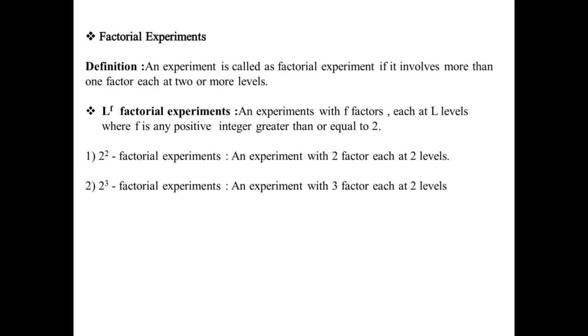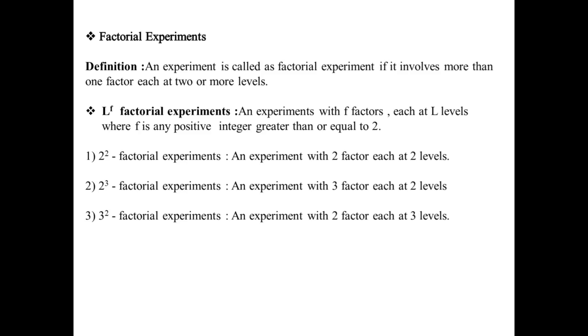Then the 2 cube factorial design: an experiment with 3 factors each at 2 levels. In this type of design we consider 3 different factors and each factor at 2 levels. The third type is the 3 square factorial design, an experiment with 2 factors where each factor is at 3 levels.